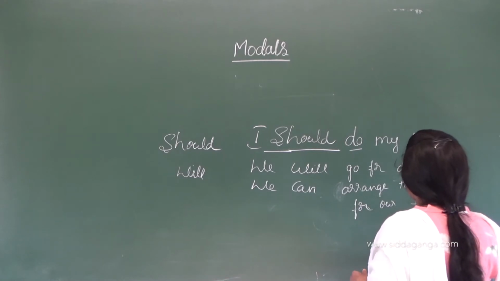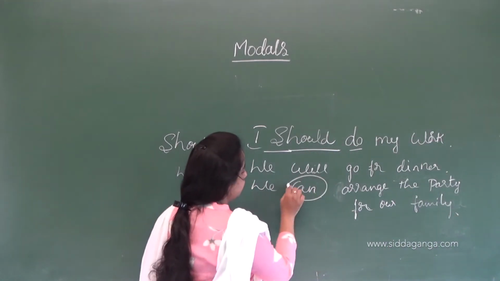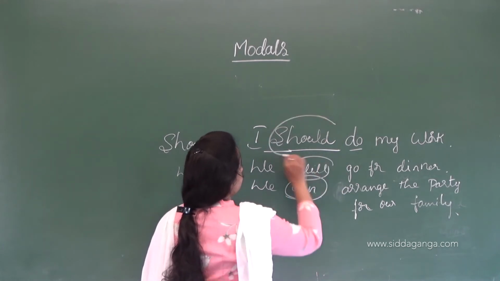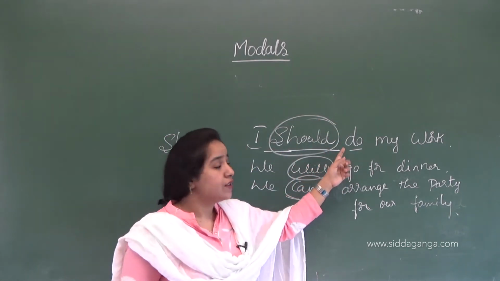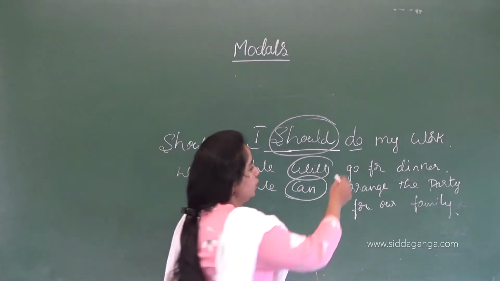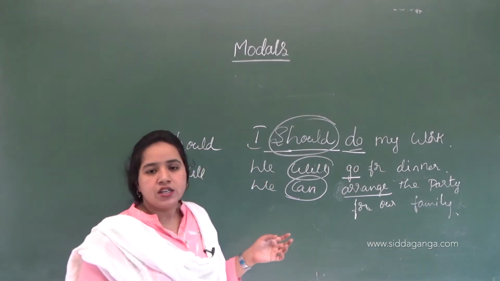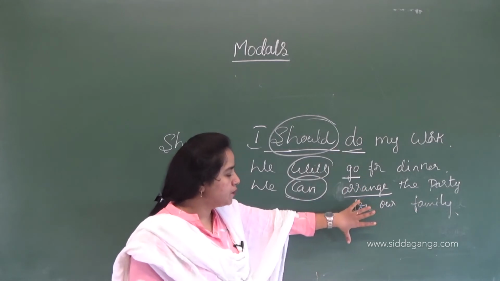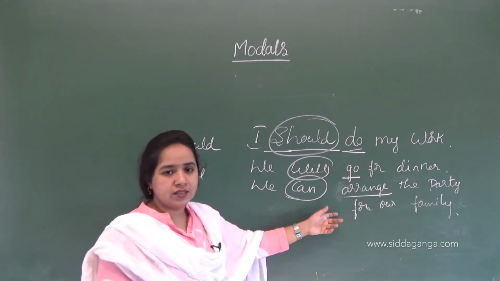Okay, so see this. Here we have used can, will and should. After this we have some other verbs, that is do, go, arrange. So without these verbs we can't use them.